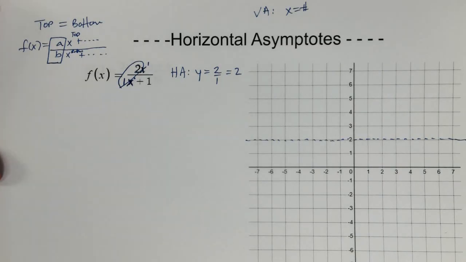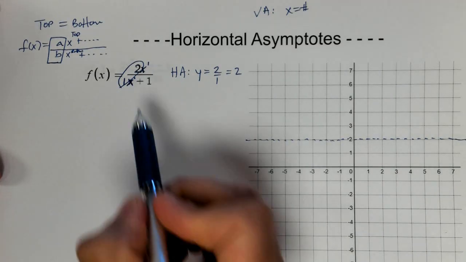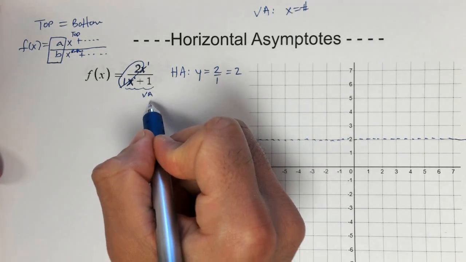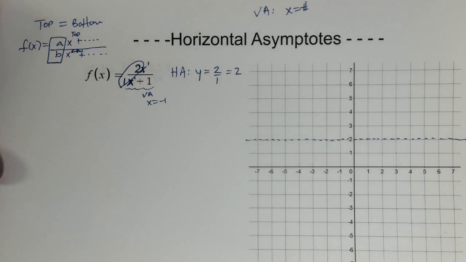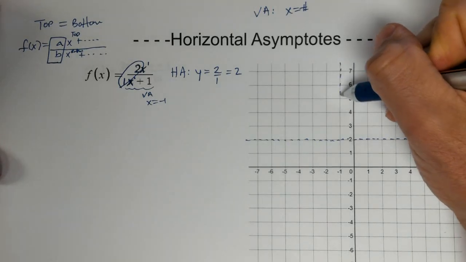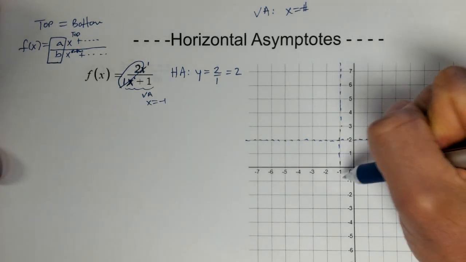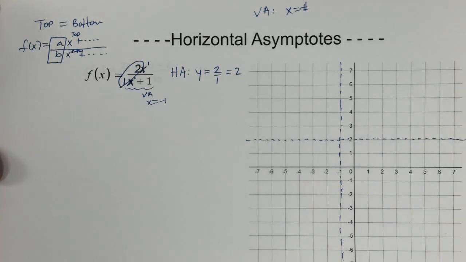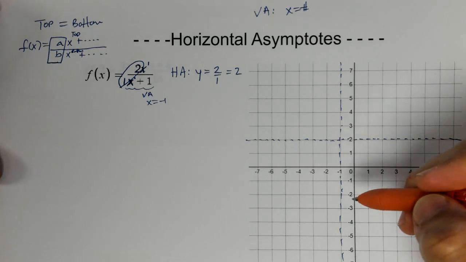Now, what does that mean here with our graph? Well, we still have a vertical asymptote here, if we recall from a previous video. The vertical asymptote here will be at x equals -1. So I have an imaginary line going through -1 as well, vertically. And this kind of divides the problem into quadrants. Now, from the graph, because I know the graph already, and if we were to find the x-intercepts, the holes, the y-intercepts, all that information, we would be able to tell that the graph looks like this.